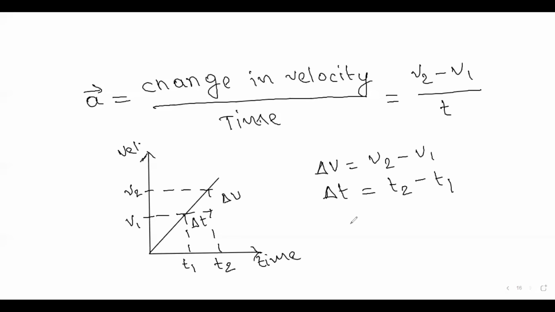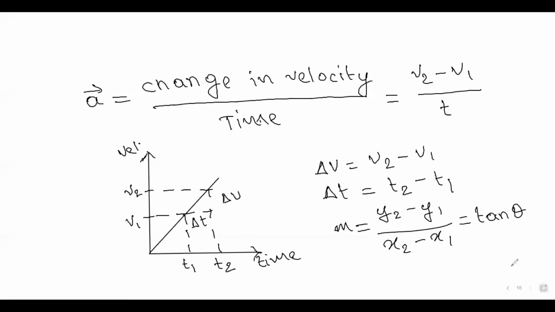So we have written it like this. So now we can define acceleration as the slope of this inclined line. Okay. So what is slope? Slope is actually defined as y2 minus y1 divided by x2 minus x1, or it can be written as tan theta.